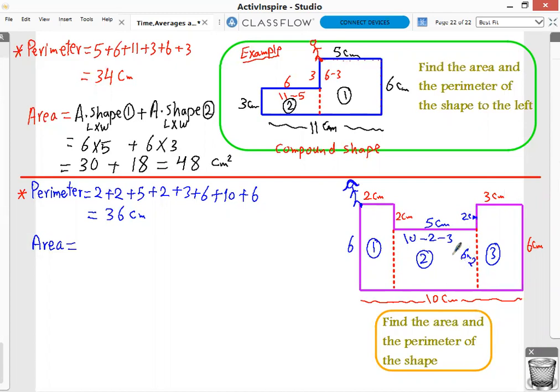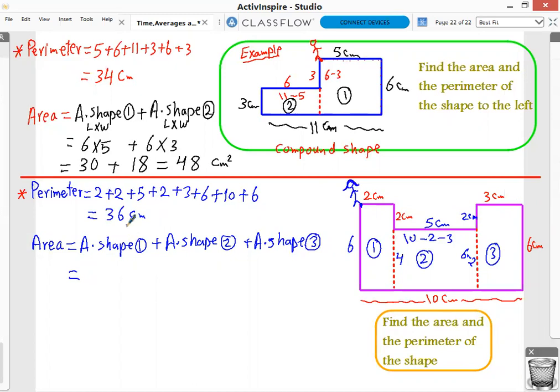Minus 2. Then it will be what? 4. Then let's do it. It's area of shape 1 plus area of shape 2 plus area of shape 3.